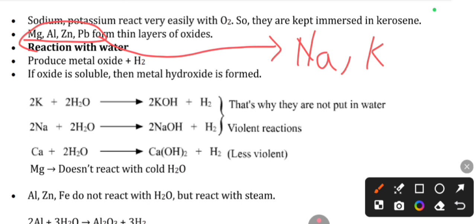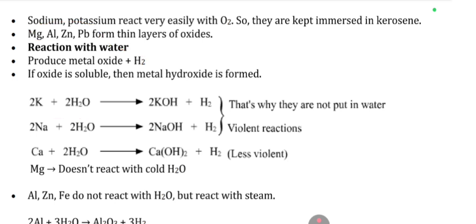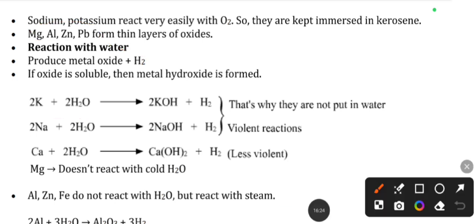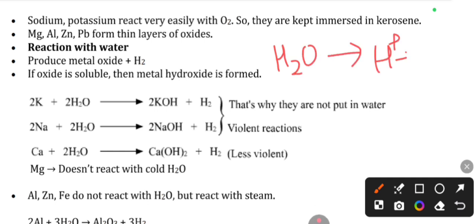Okay, so the next property is reaction with water. How metals react with water and how they produce gas. Potassium when reacting with water, you can see, water on breaking will give H positive ion and OH negative ion.